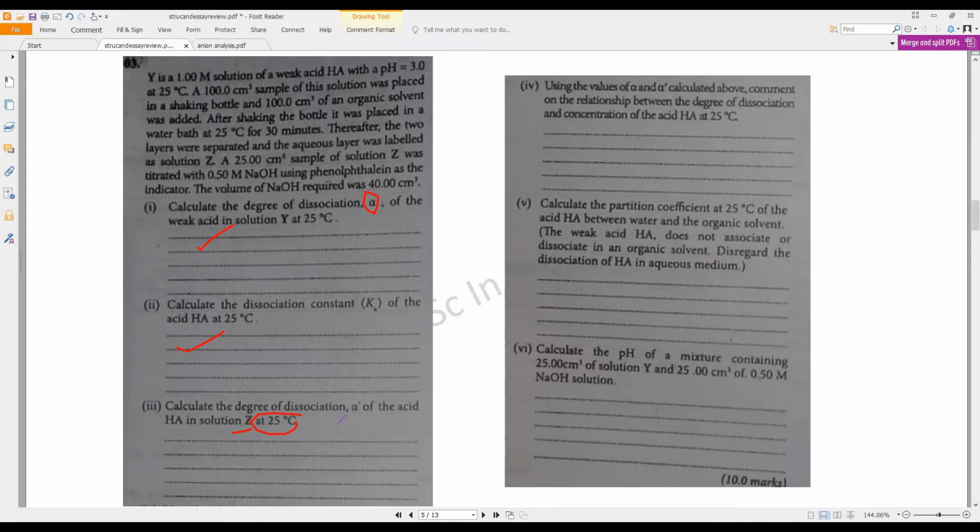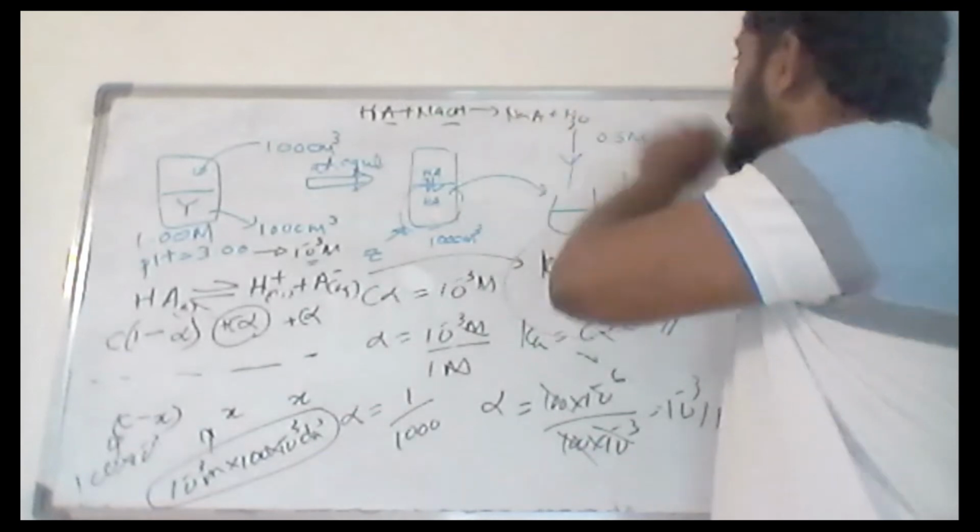So can you find the amount of acid that is present here using this? Because when there is HA in this reaction medium, HA will be reacting with NaOH to form Na plus water. So if you know the amount of NaOH that is consumed, basically you know the amount of HA that is present in the aqueous phase in principle. So you can find the number of moles of NaOH here.